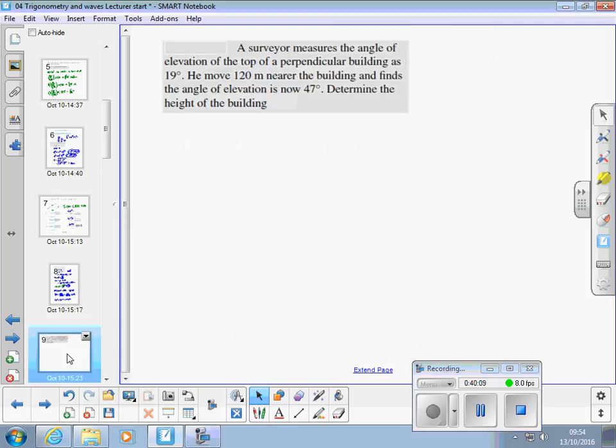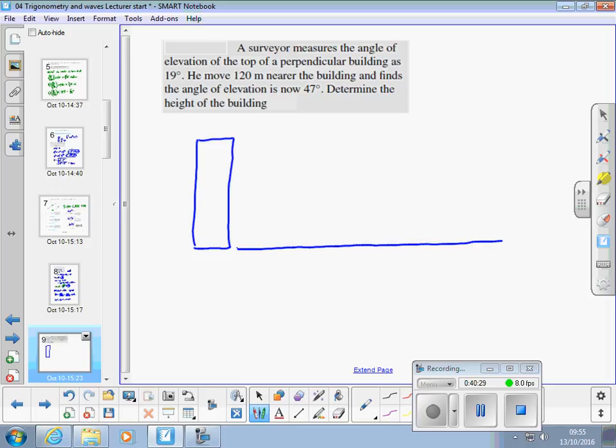Let's have a look at a worded problem around this. A surveyor measures the angle of elevation at the top of a perpendicular building as 19 degrees. So here's our building. Here's a distance away. And he measures this angle in here as 19 degrees.